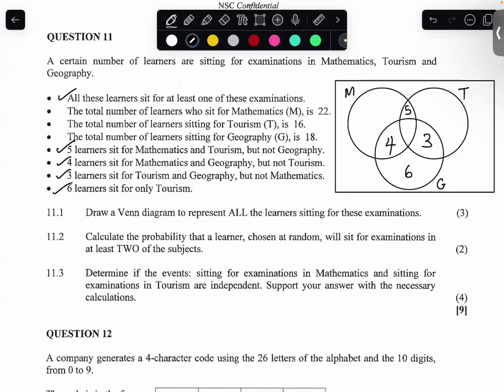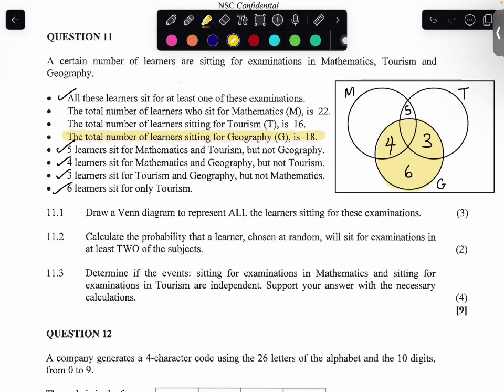It says the total number of learners who sit for mathematics is 22. So this whole circle of mathematics needs to add up to 22, but I'm still missing this part, right? I'm going to go into geography, the point on geography, this circle. This whole circle, the total number of learners sitting for geography is 18.